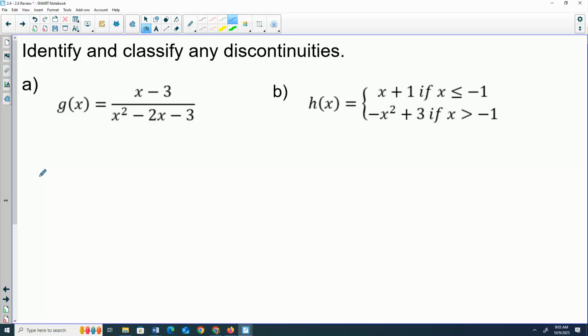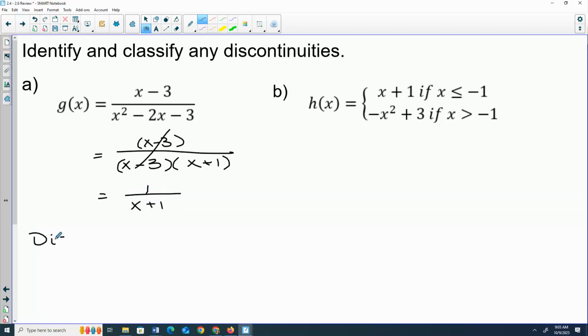Next thing, if I want to talk about discontinuities. In a fraction, what are we worried about? Okay, so I'm just going to factor it first. If I simplify this, what's the denominator factor into? Okay, those cancel. Give us 1 over x plus 1. So this is discontinuous.